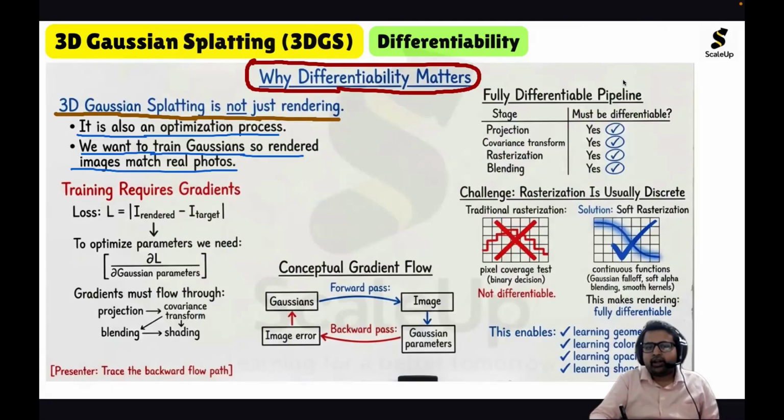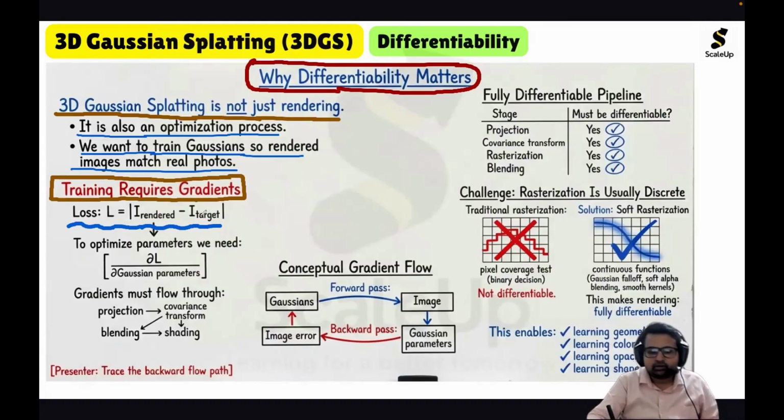And when I will be training, it will require gradients. So there is a concept of loss. Loss is basically the difference between the rendered image and the real image. To optimize the parameters, I have to minimize the loss.